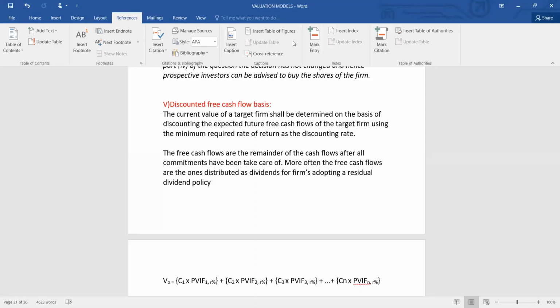So from your sales revenue, you remove cost of sales, you find your gross profit. From the gross profit, you remove operating expenses, selling and distribution expenses, you find operating profit. Then you remove any financing expenses like interest, you find profit before tax, then less corporation tax, you find profit after tax.